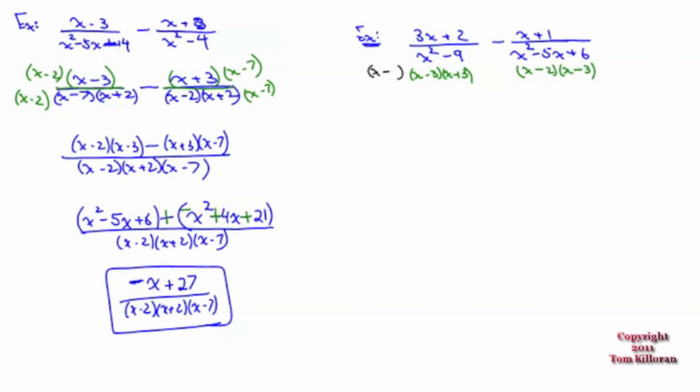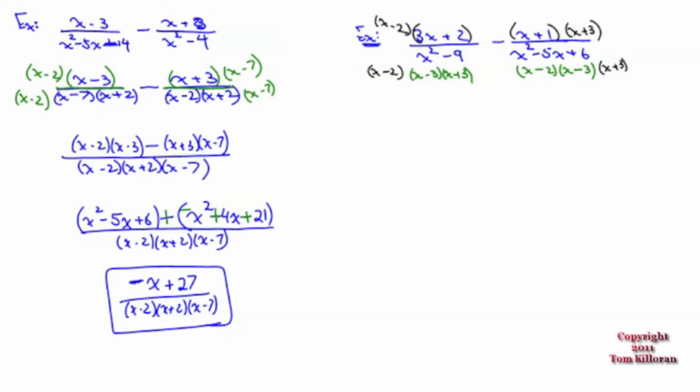Before you put it in the top, though, contain the 3x plus 2 in parentheses, and then multiply it by x minus 2. Whatever you multiply at the bottom. All right, what's missing on the right-hand side that the left-hand side has? So you put x plus 3 in the bottom, and then contain the top first, and then put x plus 3 in the top. All right, so far so good?